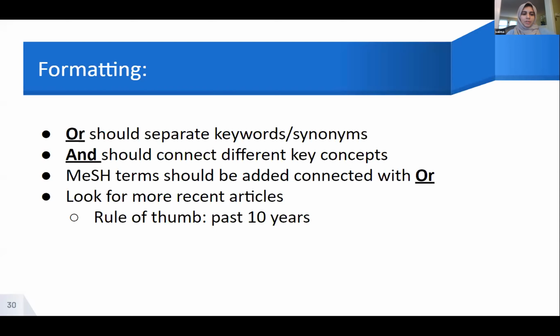OR will also be used to separate the MeSH term from the keywords, because you're saying diet or healthy lifestyle or exercise. AND means that both have to be included, so you would only use AND when connecting your two different key concepts.